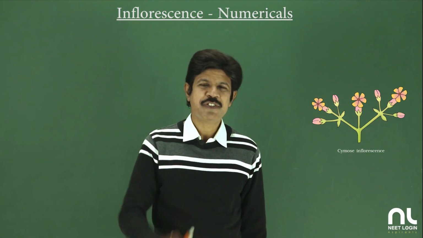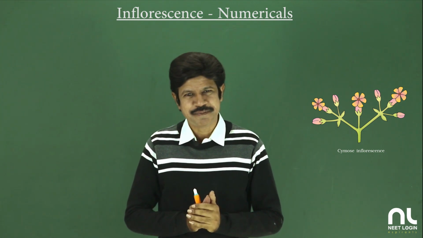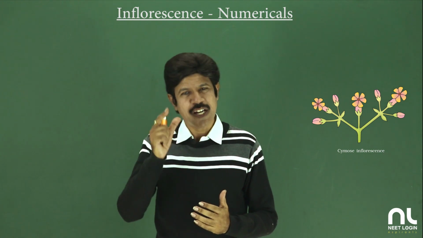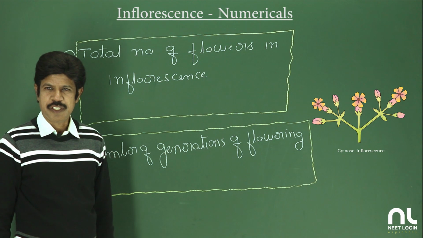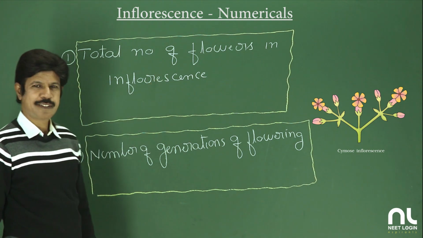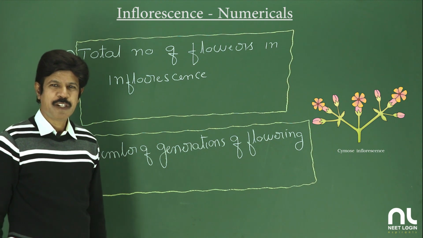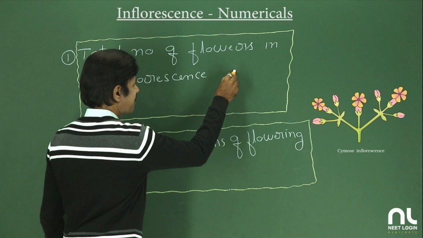Today, the fast track revision of the inflorescence with regard to the diagram, that is cymose inflorescence, that is dichasial cyme. With regard to the first question, total number of flowers in that inflorescence. So total number of flowers in that inflorescence, it is 7 flowers.